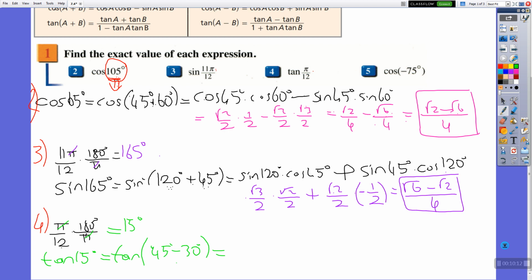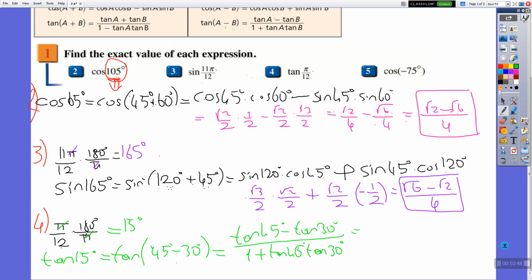I can use that. So let's take a look at the identity. Here is the identity, tangent of A minus B. I have subtraction here, so I'm going to use this identity. Tangent A minus tangent B, so it's equal to tangent 45 minus tangent 30 all over 1 plus tangent 45 times tangent 30.